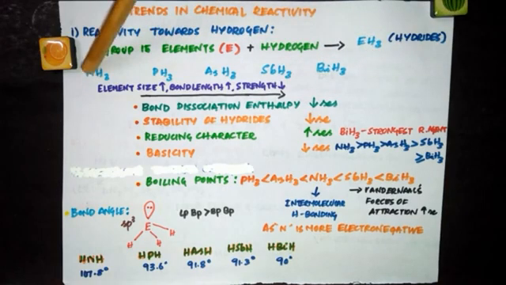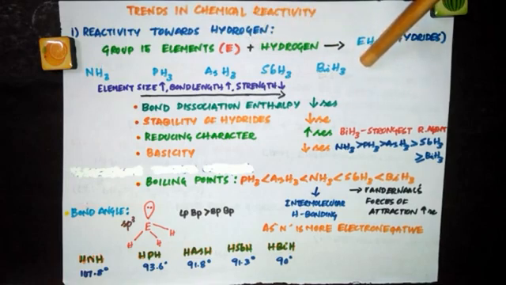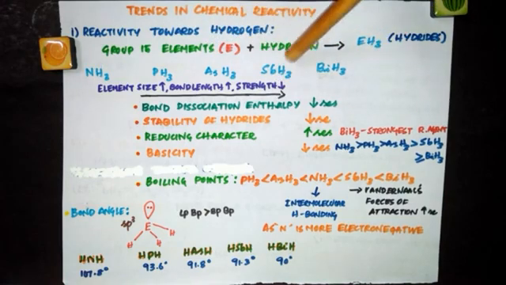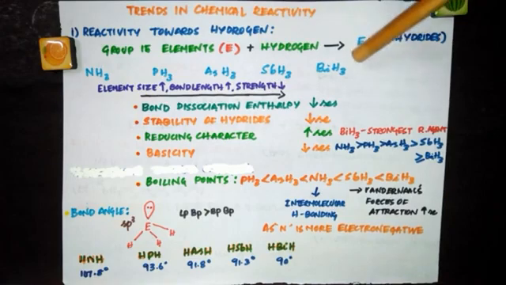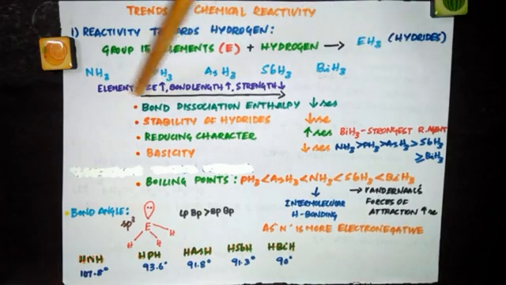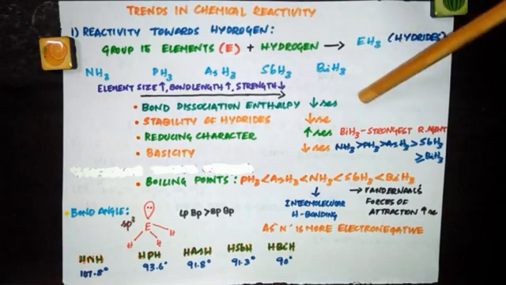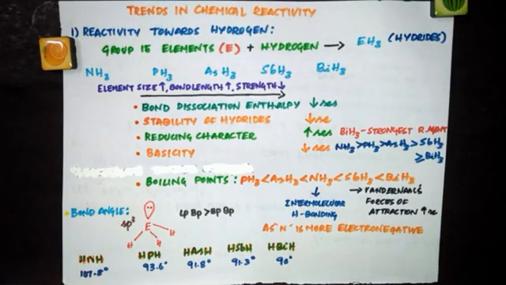And we already said as you move from ammonia to bismuthine, bond length increases, so bond strength decreases. So when bond strength decreases, obviously bond dissociation enthalpy decreases. So when they ask you to arrange these hydrides in the decreasing order of bond dissociation enthalpy, how will you write? Ammonia will have greater bond dissociation enthalpy than phosphine, and then comes arsine and stibine, and finally bismuthine.